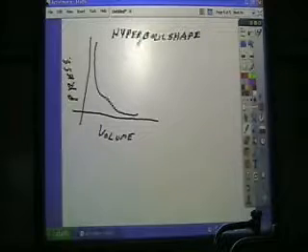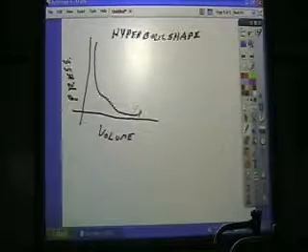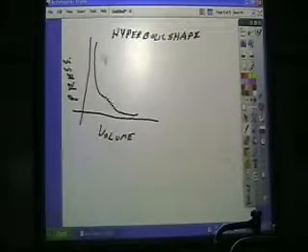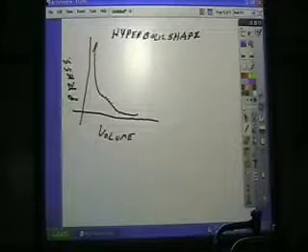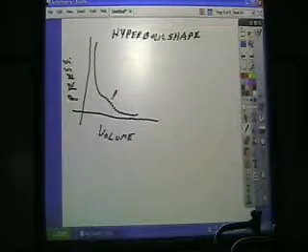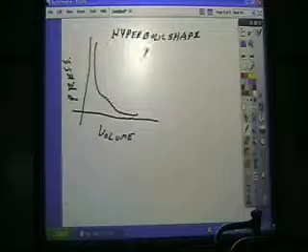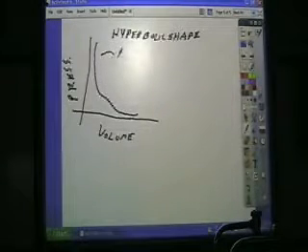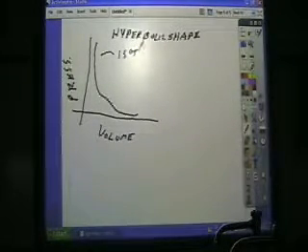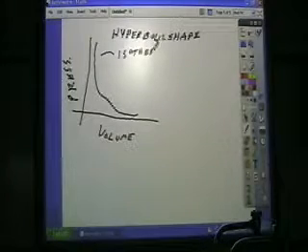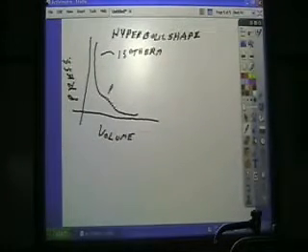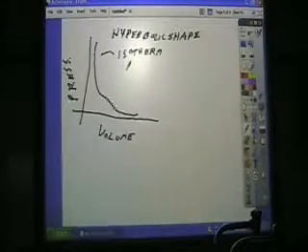Now, remember that a hyperbola will never come all the way down to the x-axis and will never actually touch the y-axis, but it will come incredibly close. Okay? So, this is a drawing of an isotherm. The graph of a single isothermal reaction is known as an isotherm.